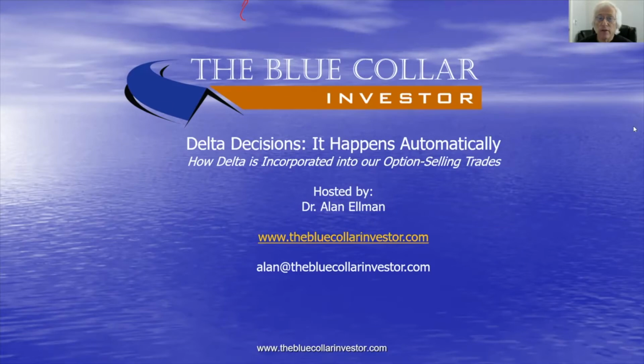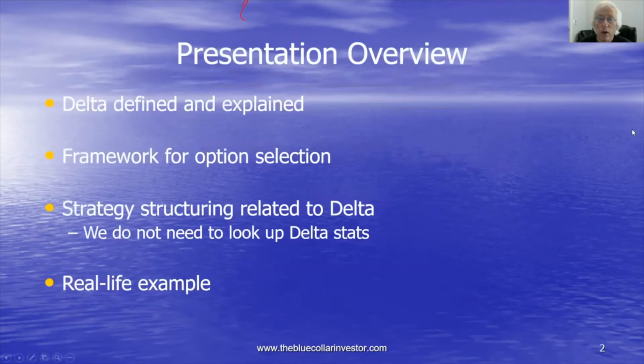So first, let's have a look at a general overview of today's presentation. We're going to define and explain Delta. And we're going to set up a framework for our option selection.